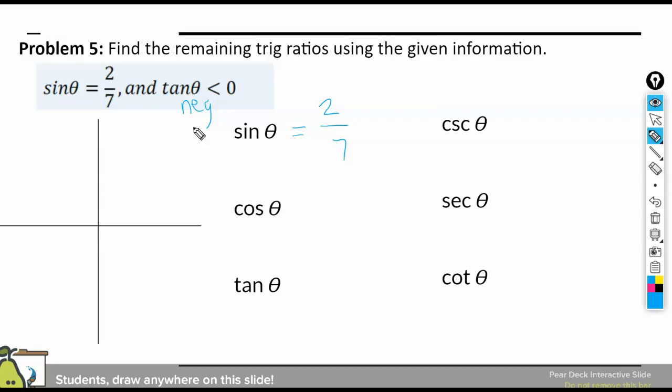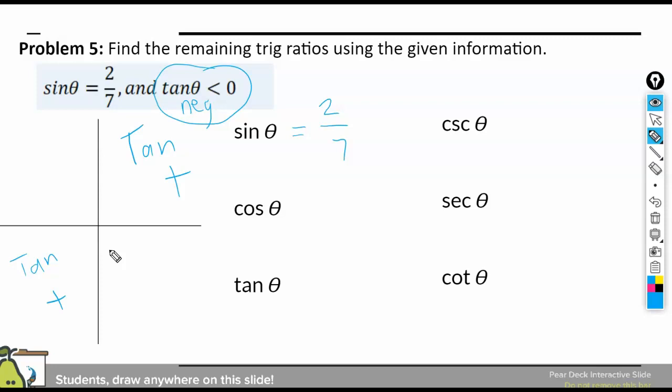We just discussed how tangent is positive in the first and third quadrants, but tangent is negative in the second and fourth quadrants. So if my tangent is going to be negative, it's going to have to be in the second or the fourth quadrant. The sine turned out to be positive.